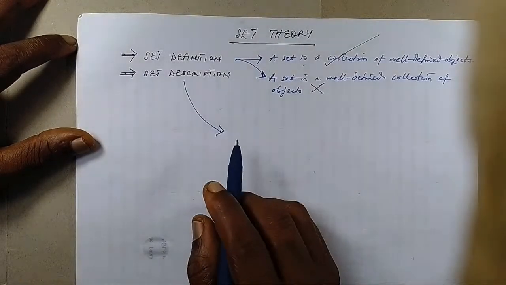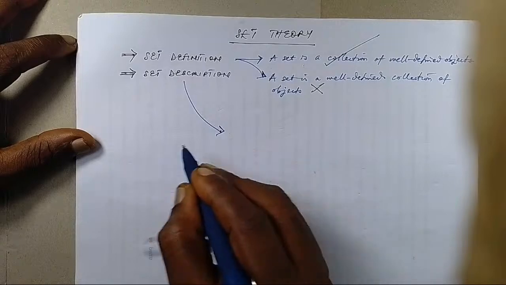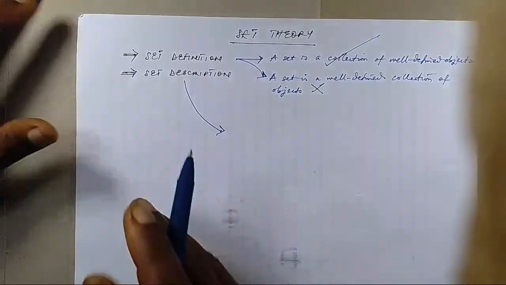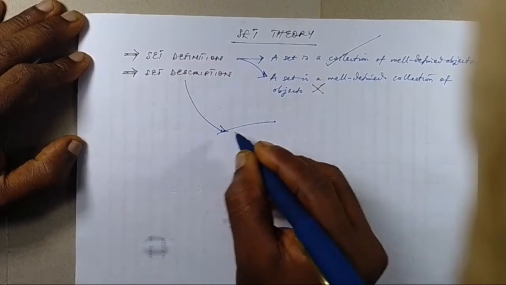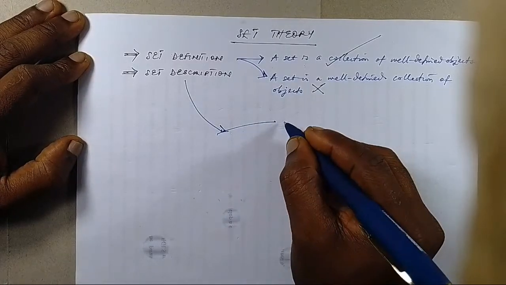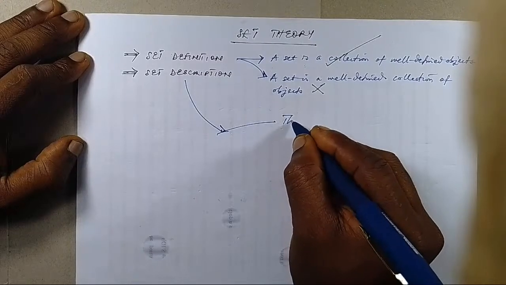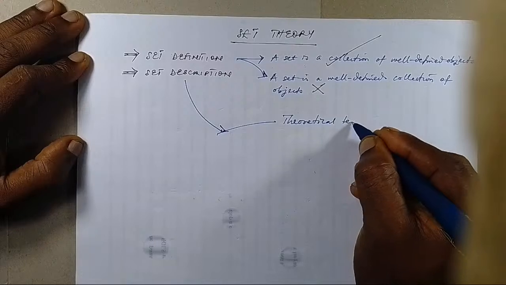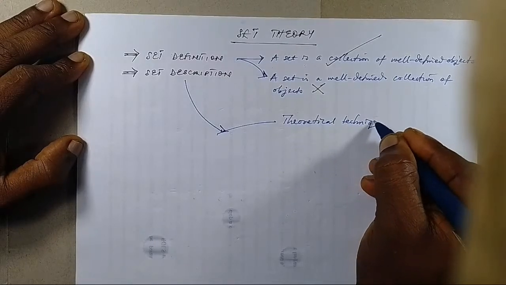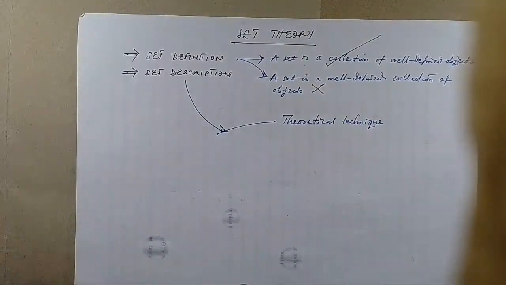I said in yesterday's class that describing a set can be done in two ways. One way is what we call the theoretical technique. Sets could be described using theoretical techniques.